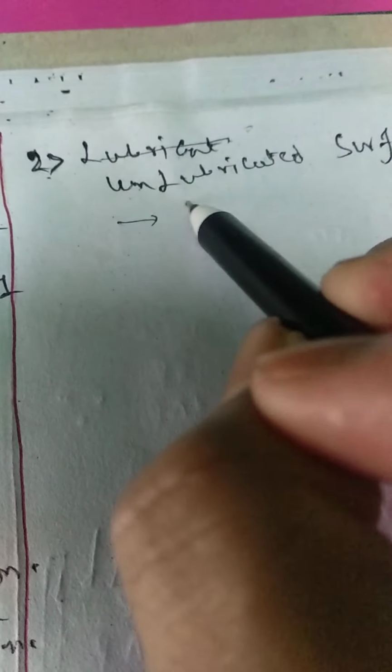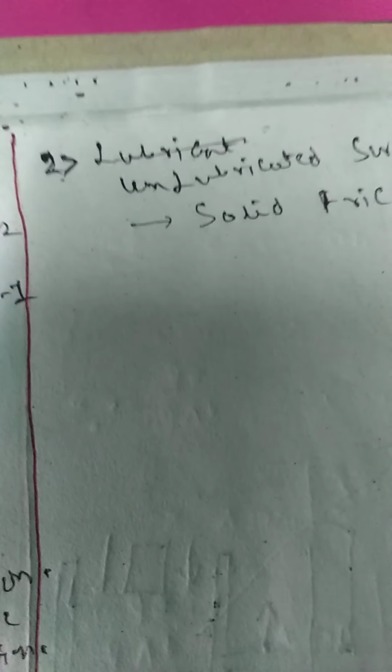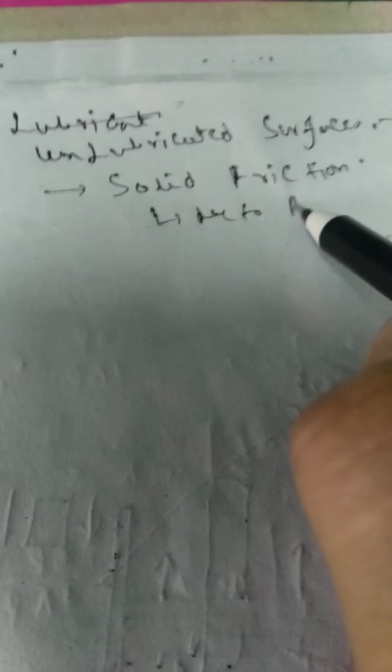This is actually friction between two dry surfaces, and it is also known as solid friction. As there are no lubricants present, the surfaces are very rough. So this is known as solid friction due to rough surfaces.